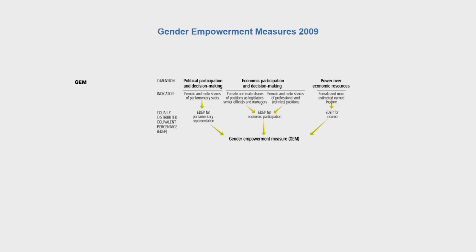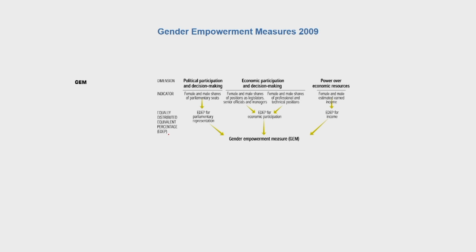And for all of these variables, the methodology that is used is a population weighted averaging to derive what is called an equally distributed equivalent percentage, or the EDEP percentage, and each variable is indexed by dividing the EDEP by 50%, which is chosen to represent equal weightage being given to both men and women.